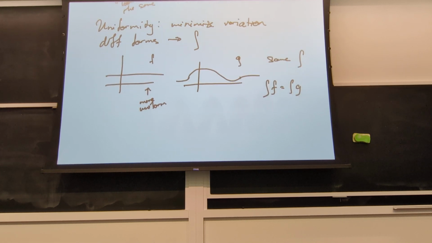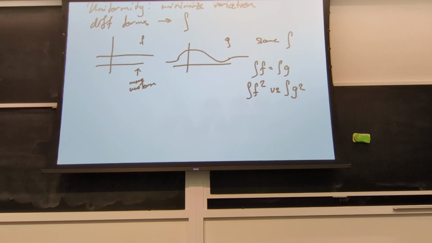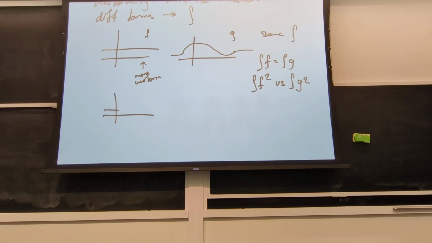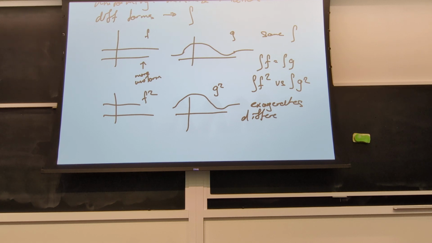But what you could do is look at the integral of f squared versus the integral of g squared. If this is f squared and this is g squared, then squaring exaggerates differences. And that means that the integral of f squared is going to be less than or equal to the integral of g squared. Does that make sense?